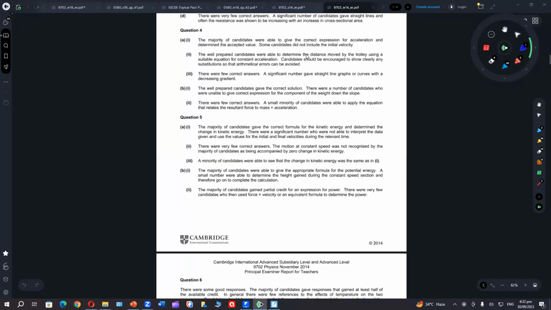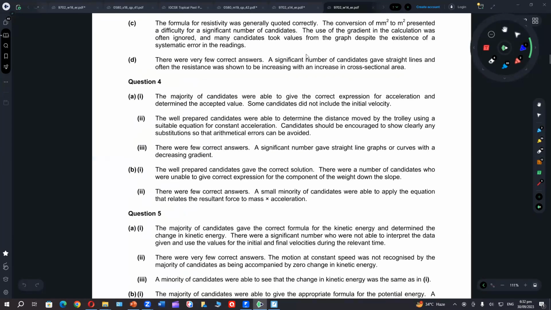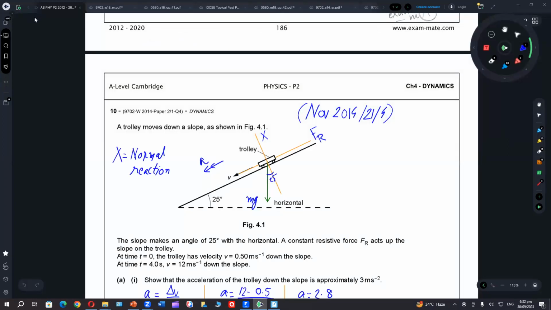Look at this question. We need to draw a sketch, and with the object coming down, its velocity would be increasing down the slope.